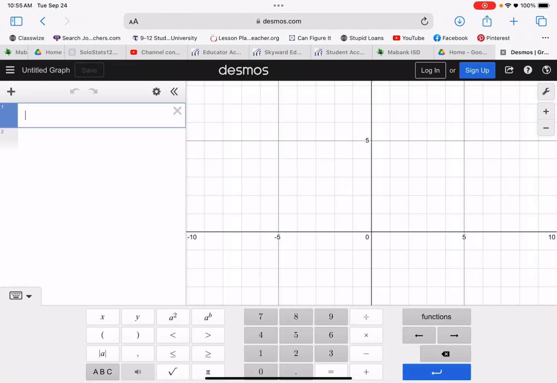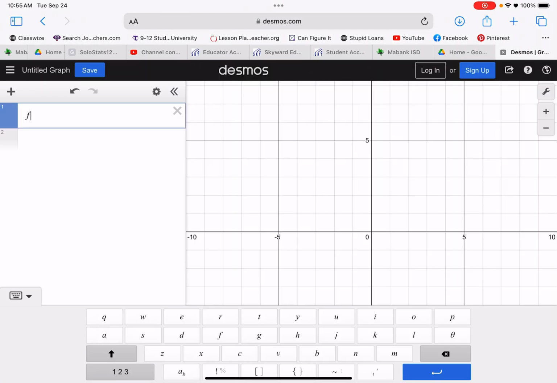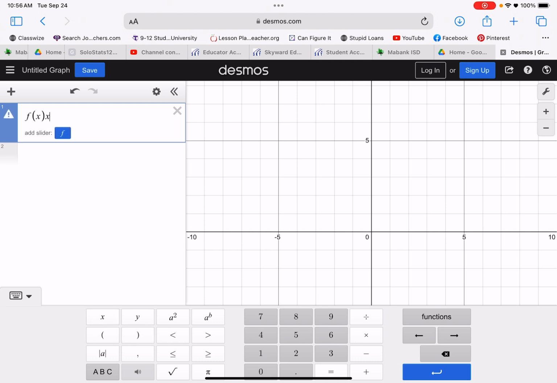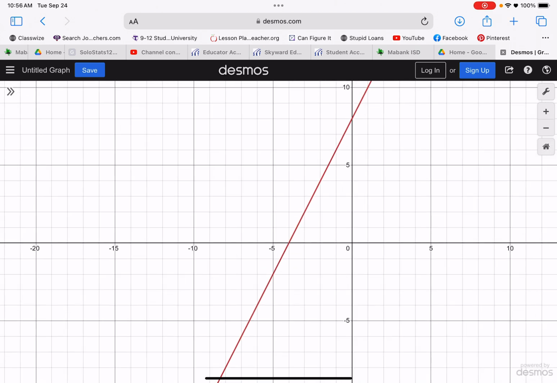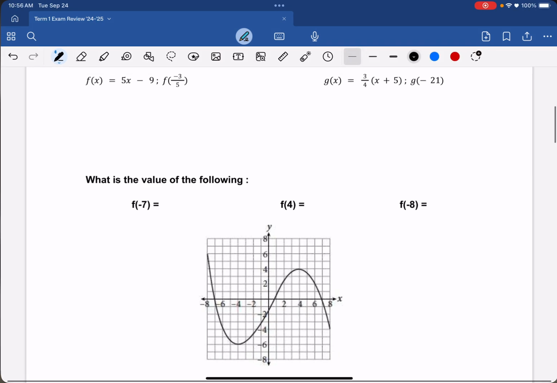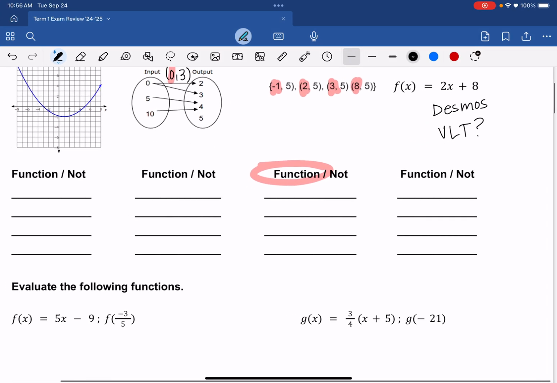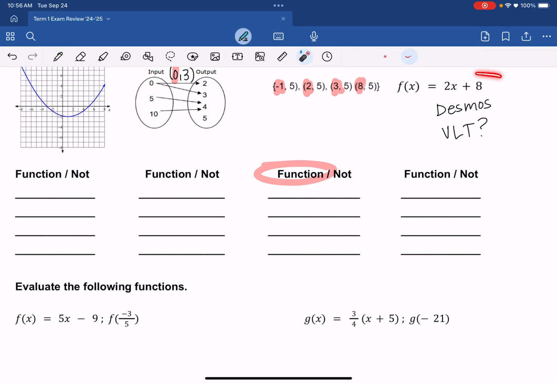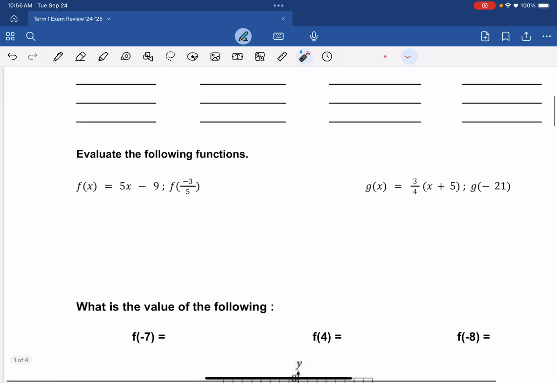And then you're going to type in f of x equals 2x plus 8. And it does pass the vertical line test. Okay, so therefore it is a function. So you will have one of those on your test that you need to be mindful of, that you're going to be able to use your Desmos calculator on the testing.